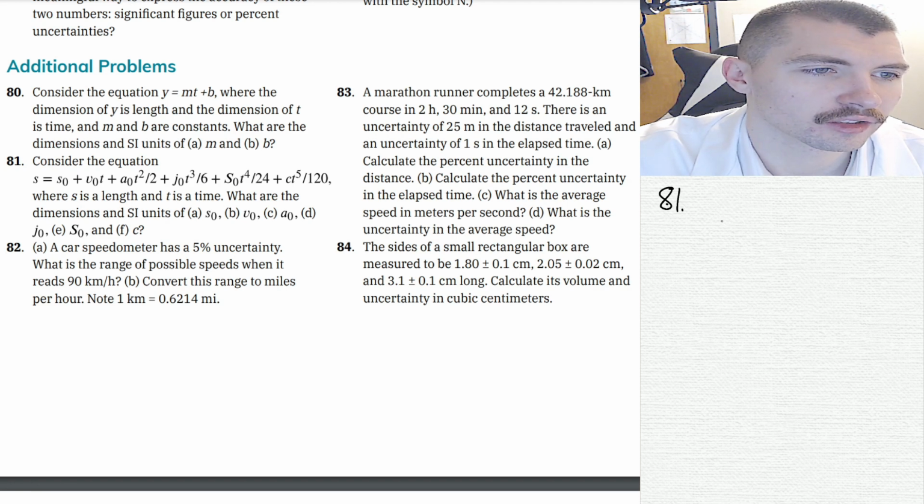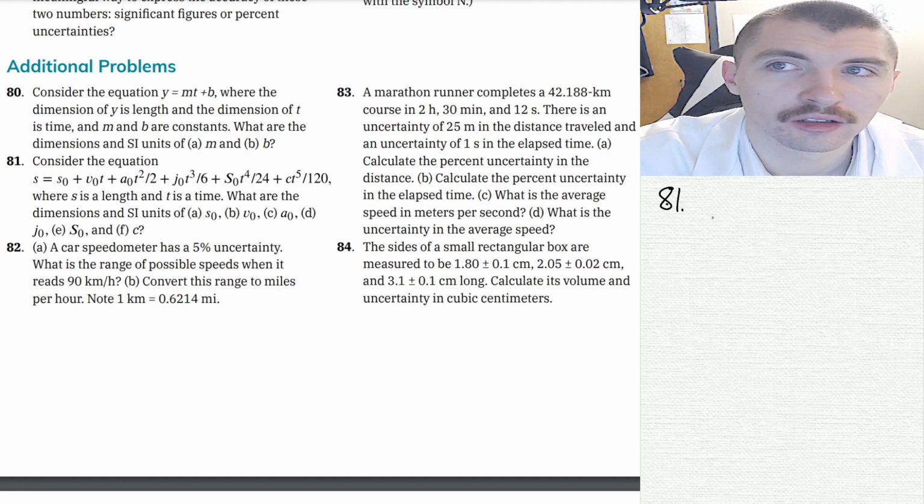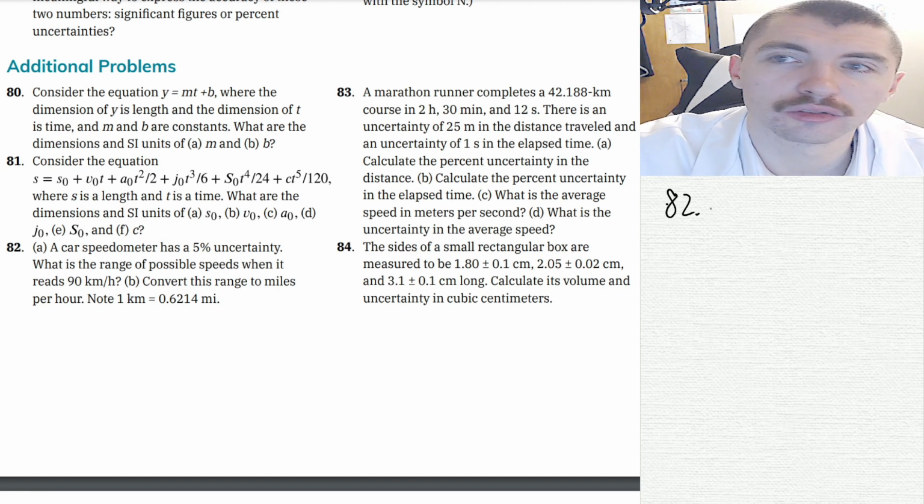Well, v naught itself is dimensionless. It's a constant, so its SI unit would be nothing. A naught looks like a constant, so it's no dimension, no SI unit. J naught, same thing. S naught, same thing. C, same thing.